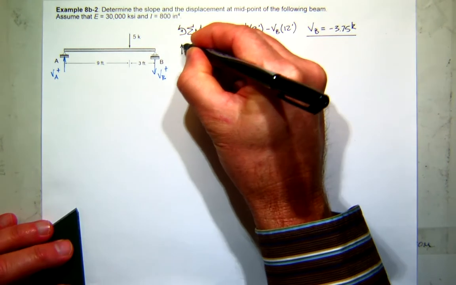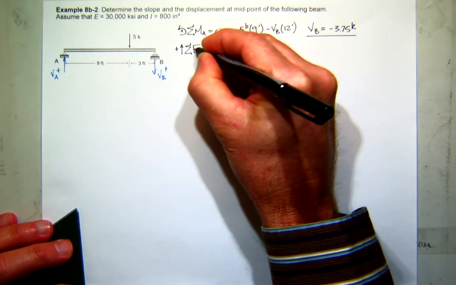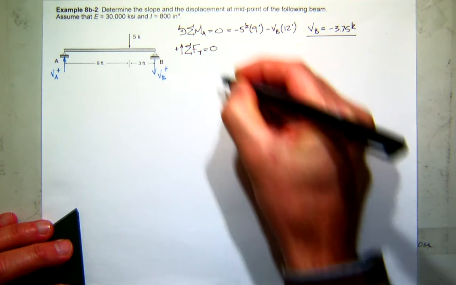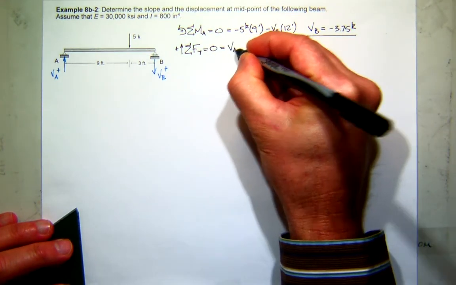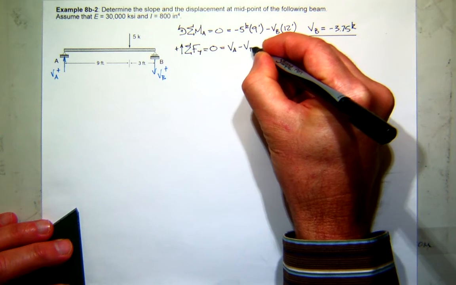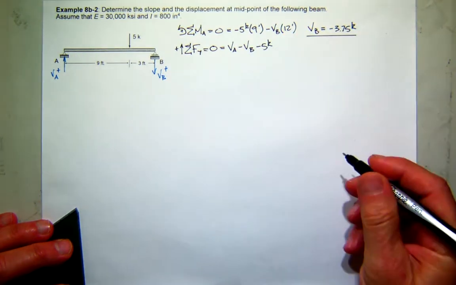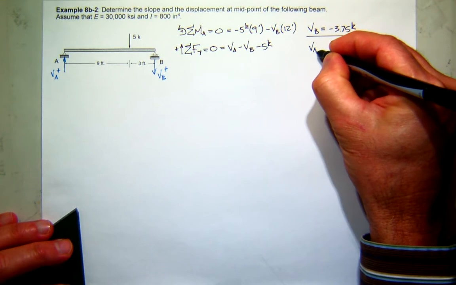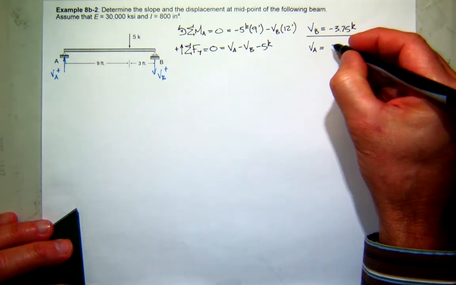And then if we sum forces in the y direction, and I'll assume up is positive, and make sure we have equilibrium, what do we have? Well, we've got the shear force at A acting up, the shear force at B acting down, and then the 5 kip force also acting down. So I can find my shear at A, and that should be 1.25.